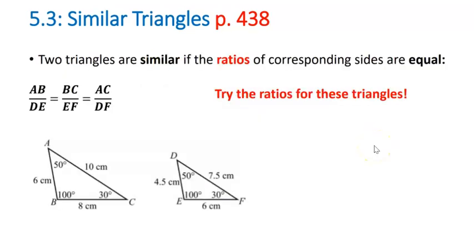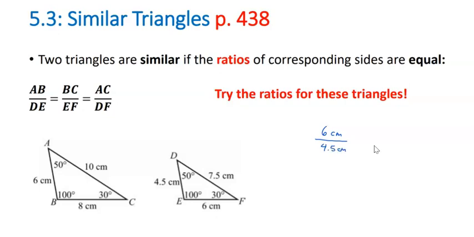How can we determine if triangles are similar? We can determine by a ratio of the sides. So if we want to make ratios, we can see similarity by, let's say, taking line AB, which is 6 centimeters, and placing that over line DE, which is 4.5 centimeters.